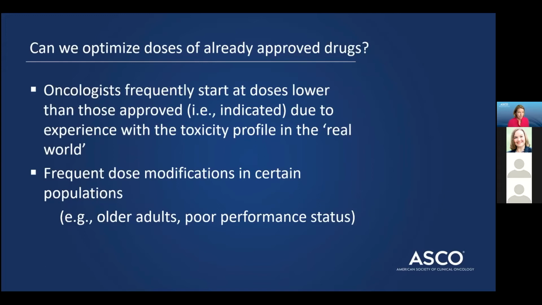As an aside, at ASCO, we just recently did a survey with medical oncologists, breast medical oncologists, GI medical oncologists, and general oncologists that treat breast and GI cancer patients, and asked them about their practices with some of the most common drugs for breast and GI cancer patients. We asked them about the frequency of their dose modifications and about starting at lower doses.